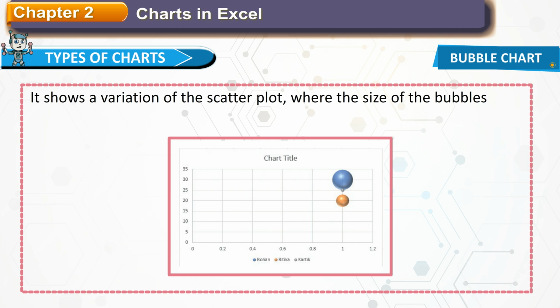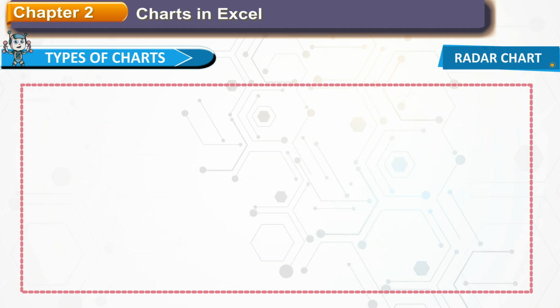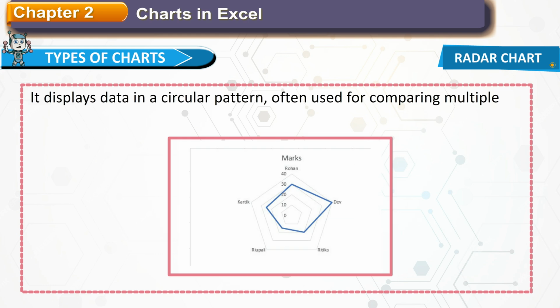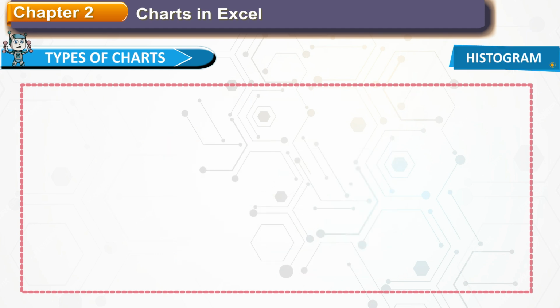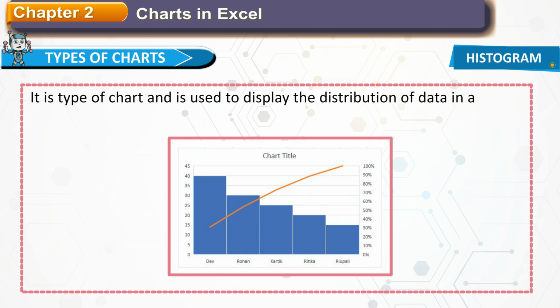It shows a variation of the scatter plot, where the size of the bubbles represents a third data dimension. Radar chart. It displays data in a circular pattern, often used for comparing multiple variables. Histogram. It is a type of chart used to display the distribution of data in a frequency distribution.